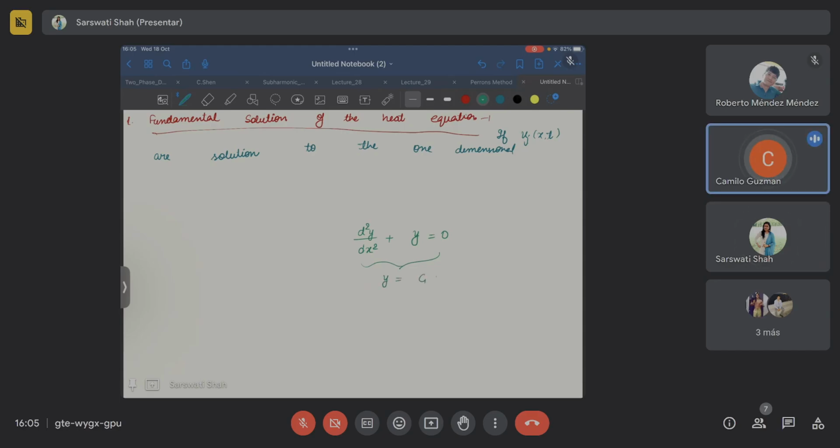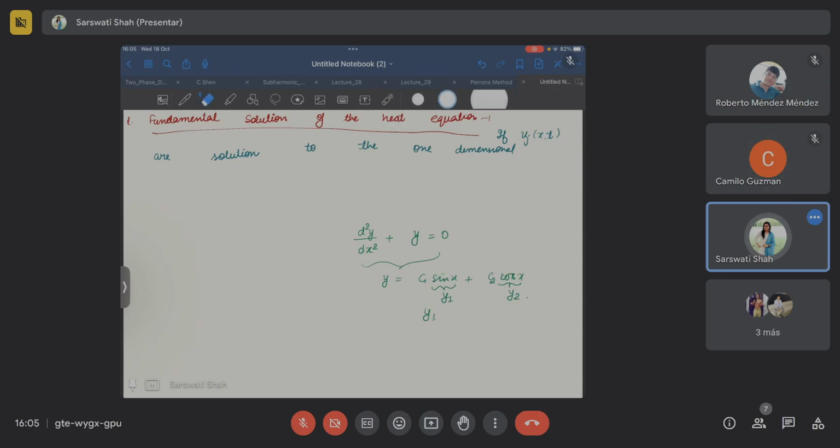C1 sine of x plus C2 cosine of x. And if I call them y1 and y2, can I say that y1 also satisfies this equation? Yes.